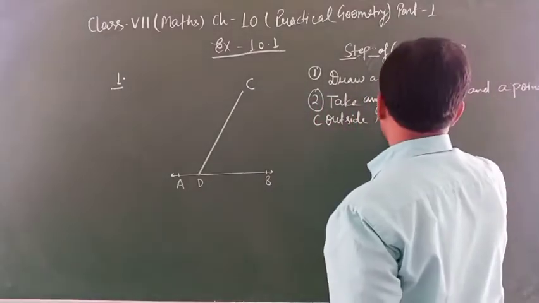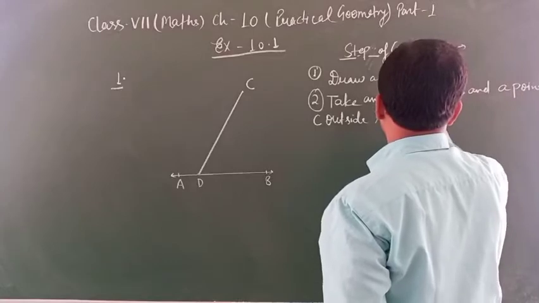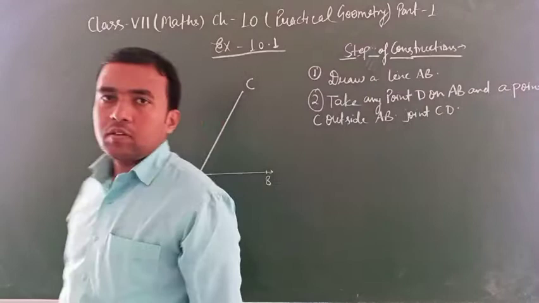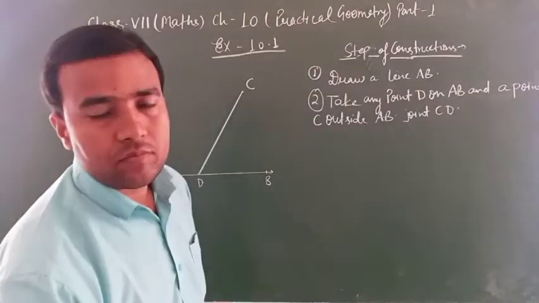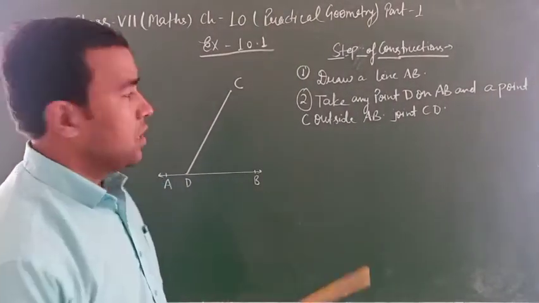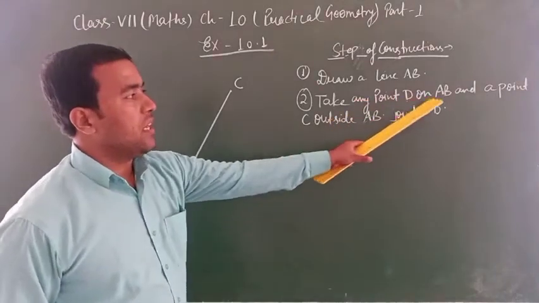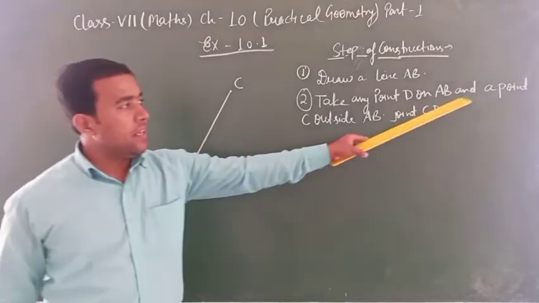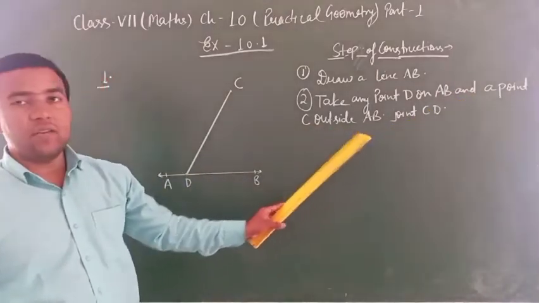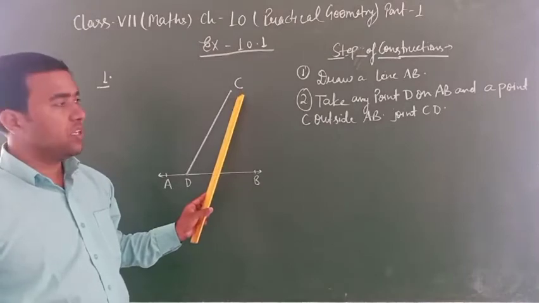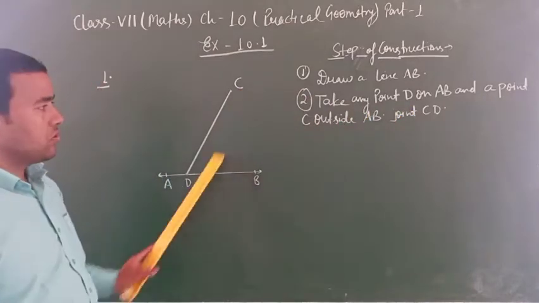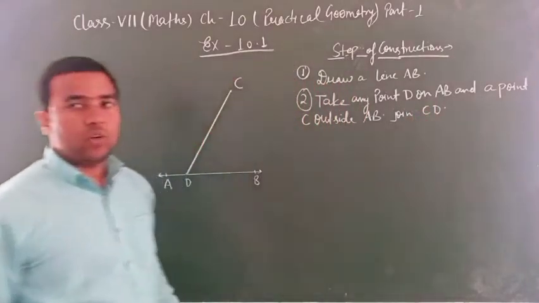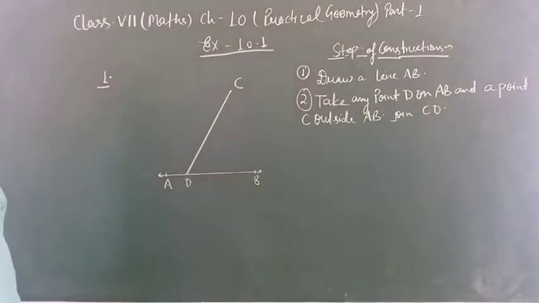Join CD. So: take any point D on AB and a point C outside AB. Join CD. Clear? Third step.